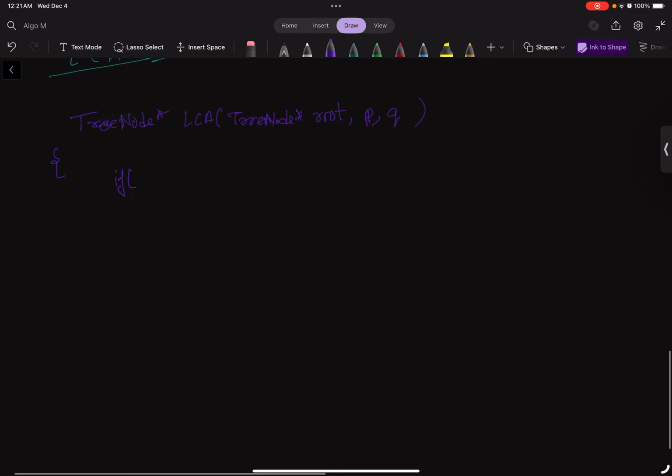So using the binary search tree property, I have done this, and we can first check if the solution is there, right?